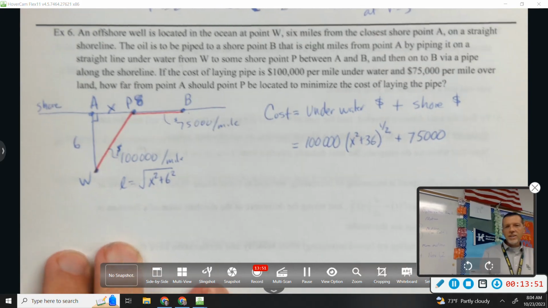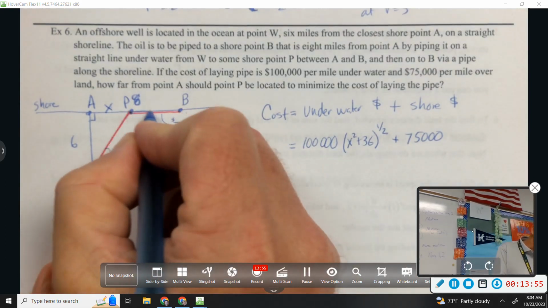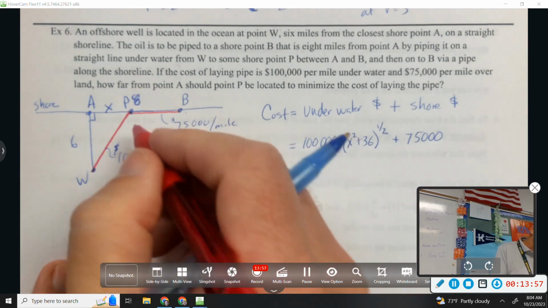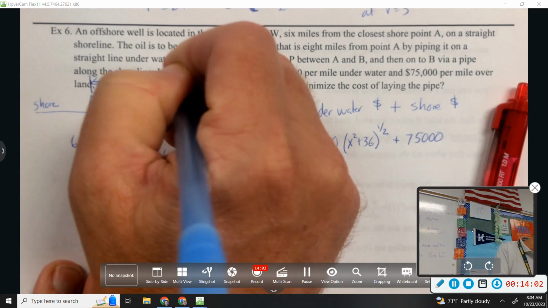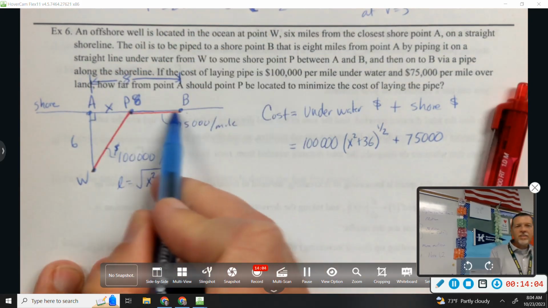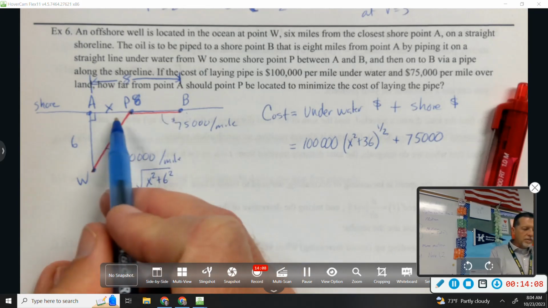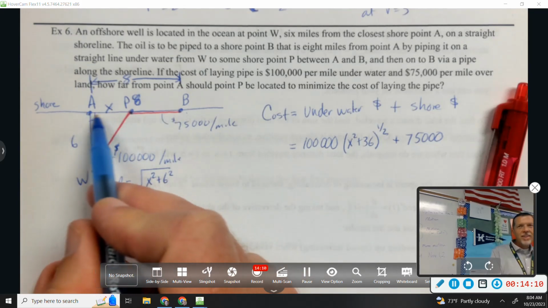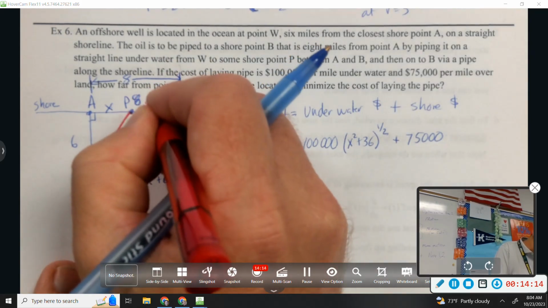The shore cost is $75,000 times whatever this length is. So how long is this piece? Well, be careful. This was x. 8 minus x. 8 minus x is this side over here.